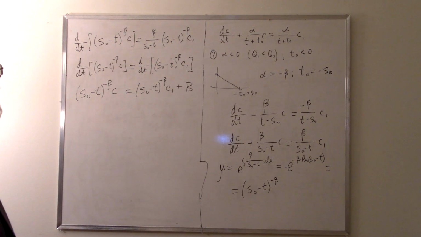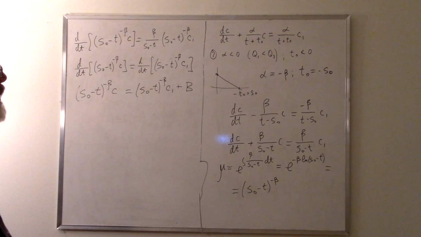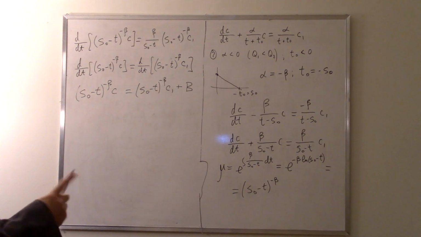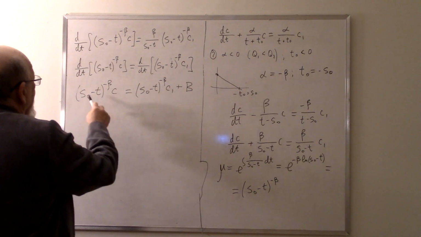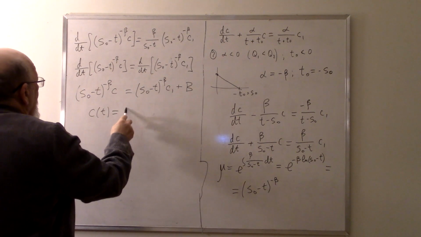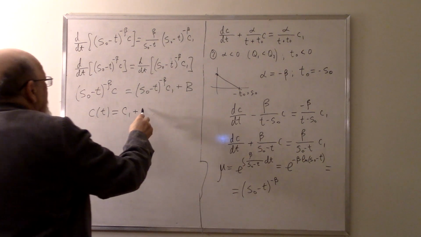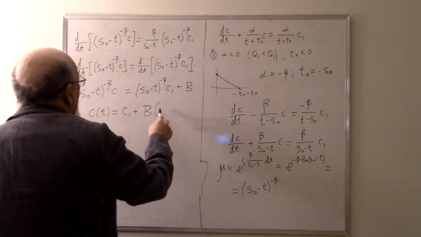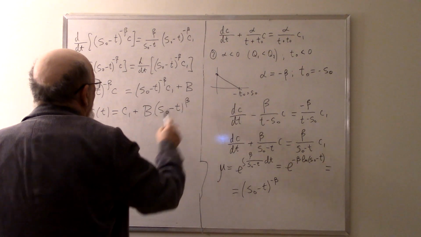So if derivatives of two functions are equal, then these functions differ by a constant. So divide by this factor: c of t equals c1 plus b S0 minus t to the power beta.